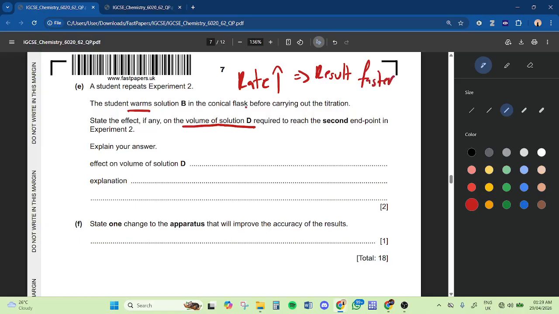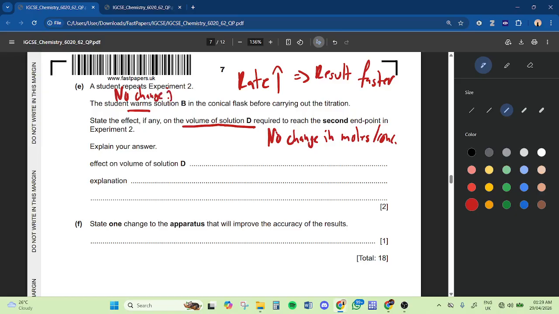But it doesn't change any moles. So there's no change in moles or concentration, which is the actual thing you need to change if you want to get more of, for example, they say any effect on the volume of solution D. Because solution B is not experiencing any changes in moles or concentration.